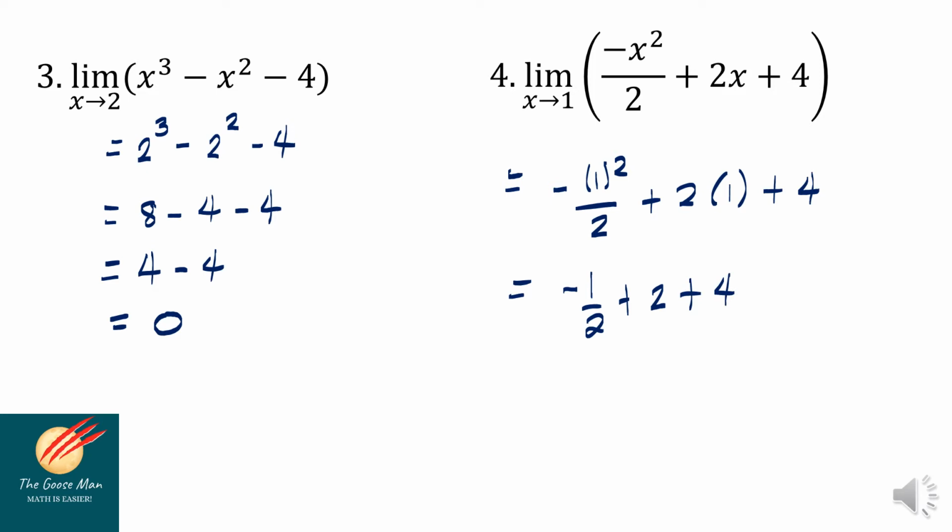I can add here 2 and 4 right away. So I have negative 1 half plus 6. Solving it further, I have here 5 and 1 half, or this is the same as 11 over 2.